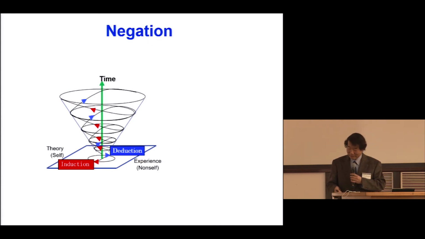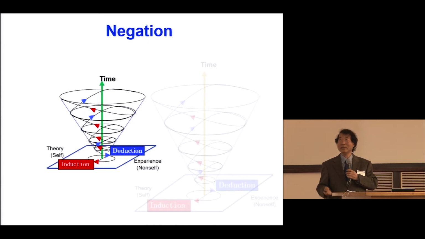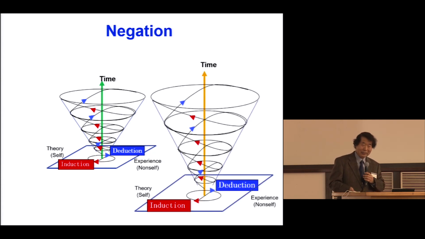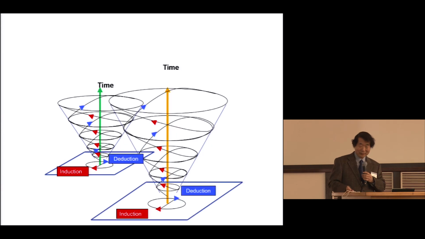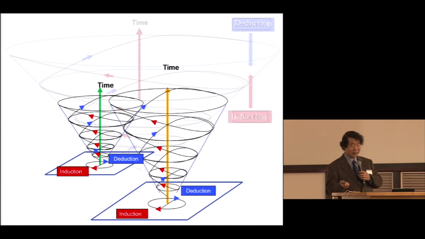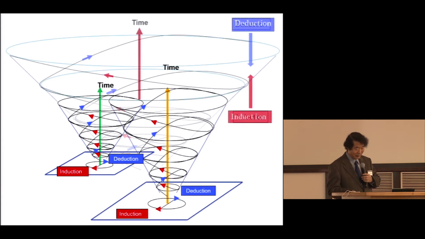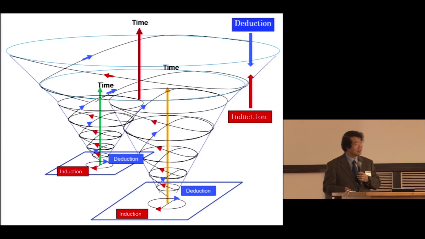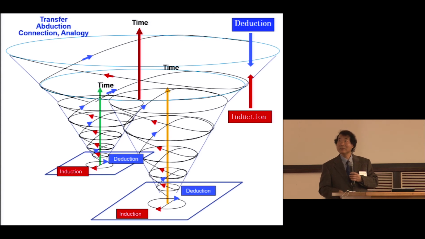What is negation? Negation is represented by the emergence of quite new spirals. If they are crossing each other, there is a possibility to emerge. And of course, we may have new dimensions of deduction and induction.